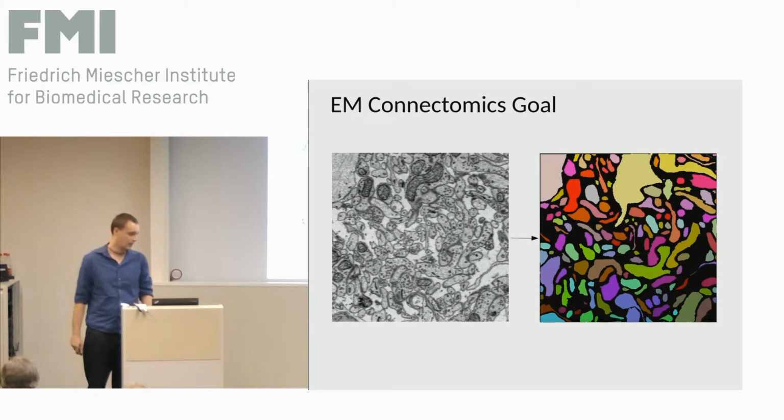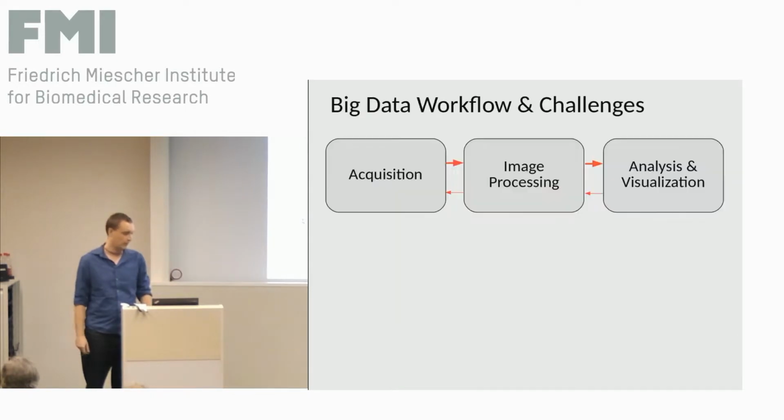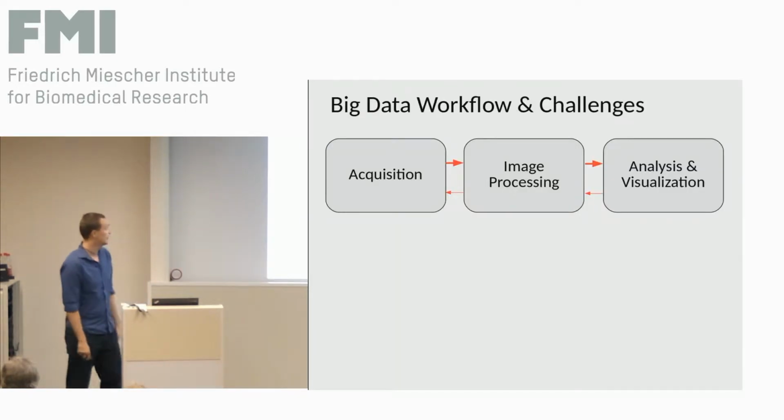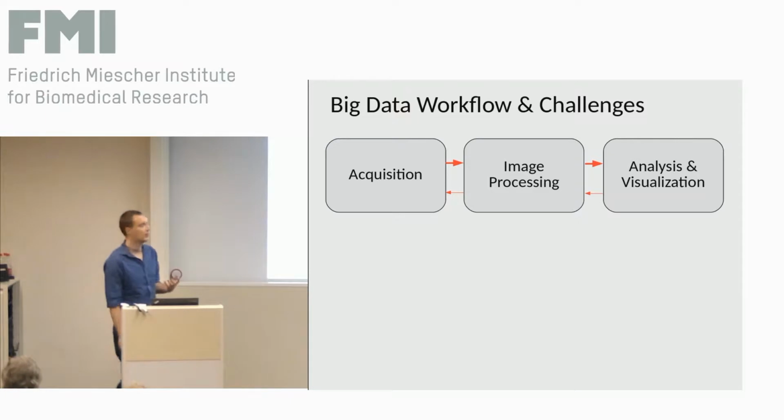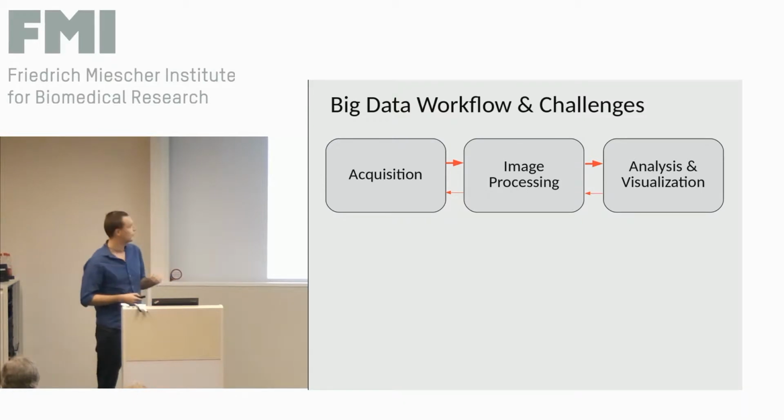And this is to give you background, basically. Now, how are we going about this? So the big data workflow and the challenges I'm going to present are segregated here in these three broad areas: acquisition, image processing, and analysis and visualization of these neural network data. And what you can notice here is also that this is not a linear flow, but there are also these arrows back.